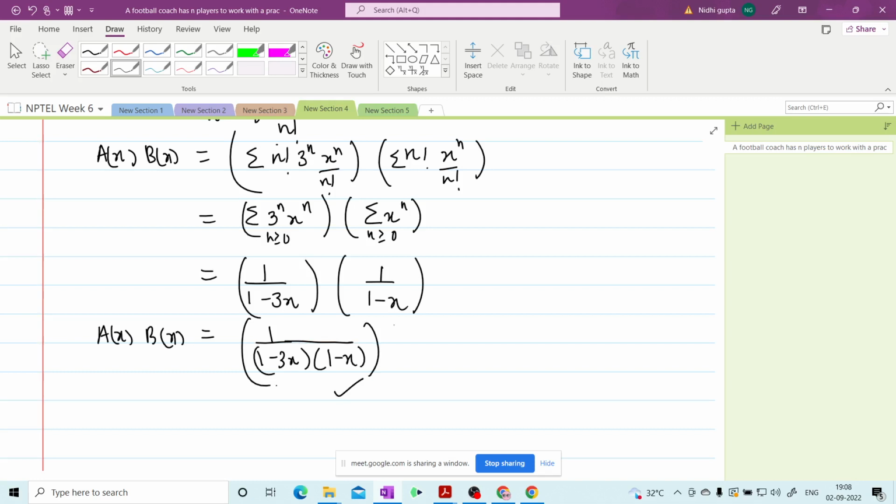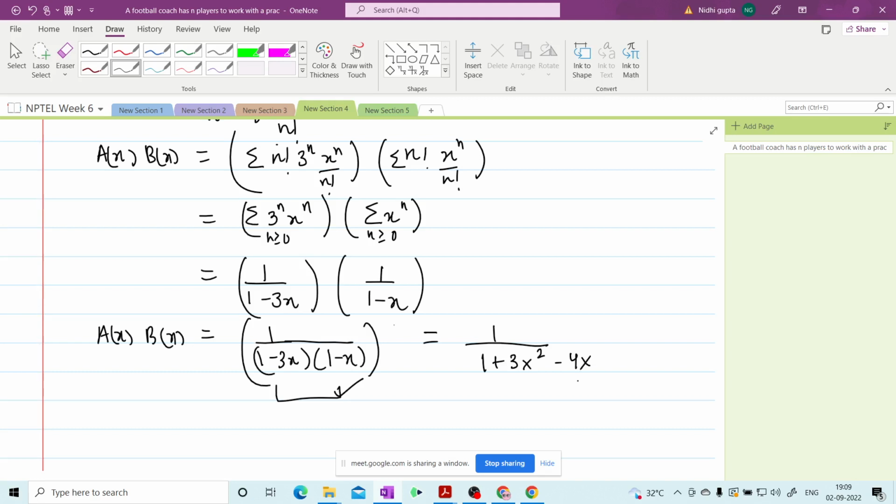Once you solve this using partial fractions, you see that this is basically coming out to be 1 plus 3x squared minus 4x.